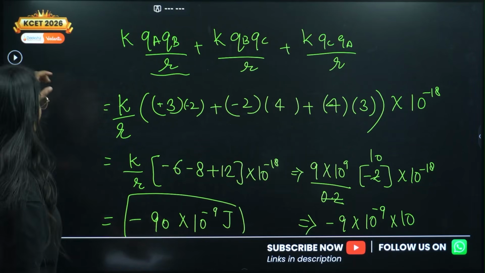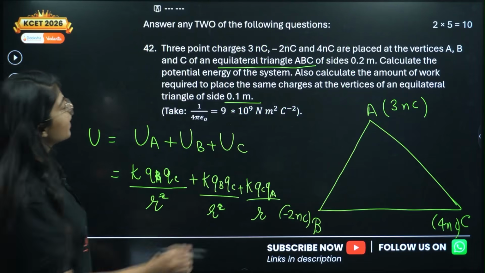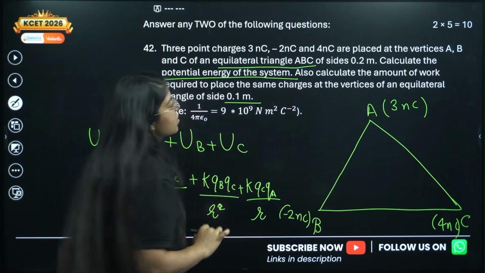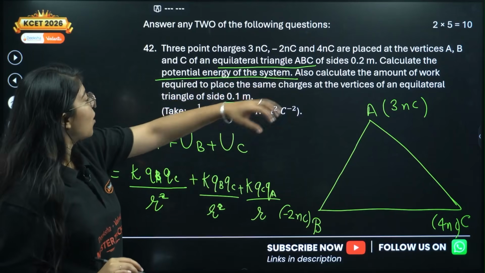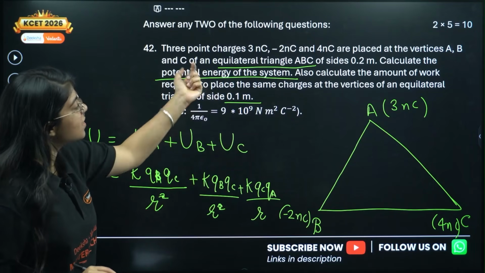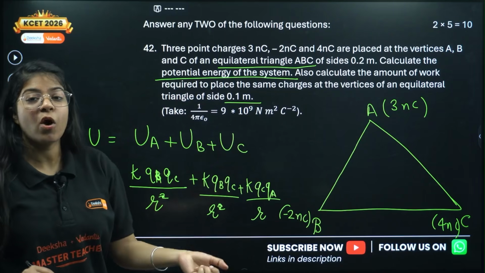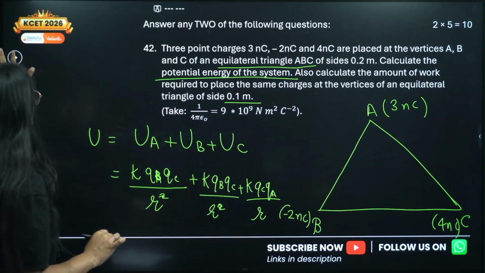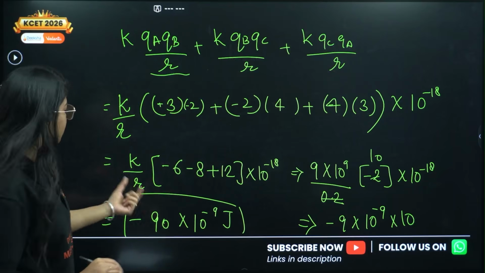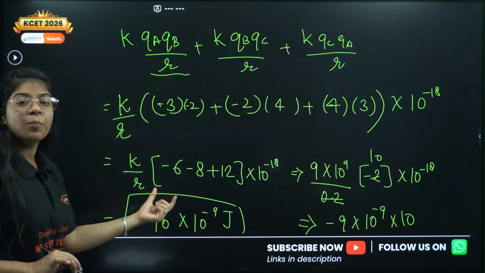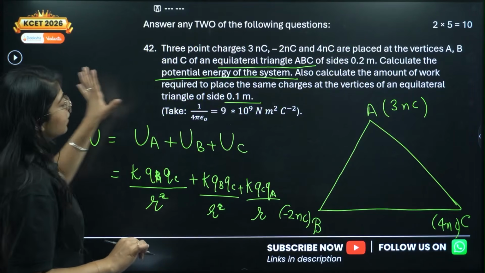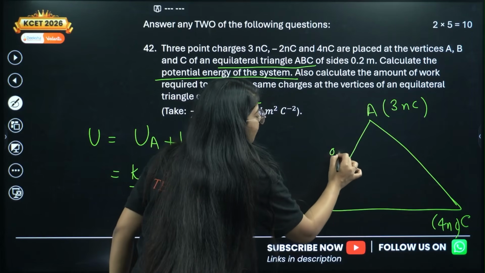Yes, now they have asked us, so we have calculated the potential energy of the system. Now we have to calculate the amount of work required to place the same charges at the vertices of an equilateral triangle of side 0.1 meter. So this all will be the same, just the value of R is changing. This triangle is having 0.2 meter.